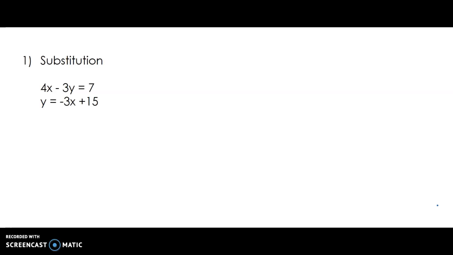I'm going to be plugging in our second equation into our first equation here. Again, all I'm doing here is substituting negative 3x plus 15 in for y in our first equation.